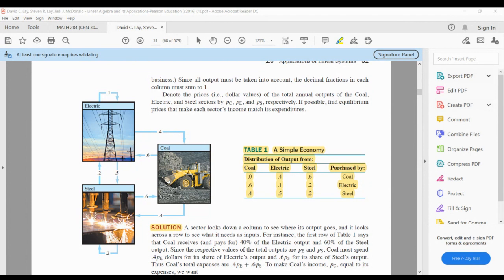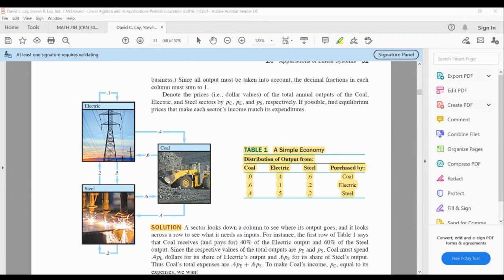Now look at steel. Look at the bottom row. Steel purchases 40% of coal, 50% of electric, and 20% of itself.